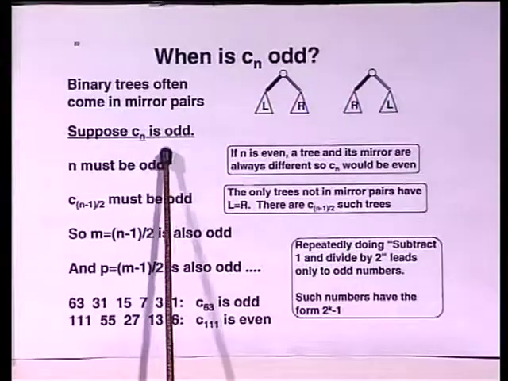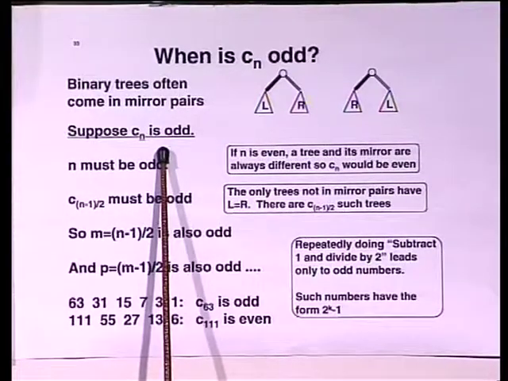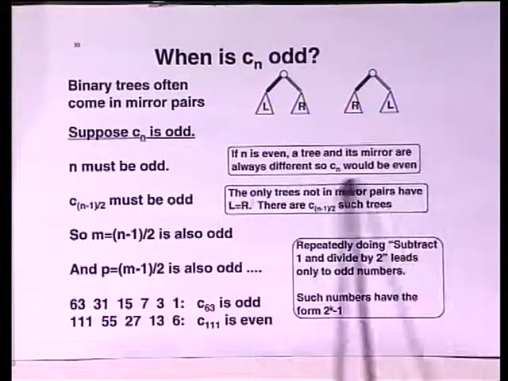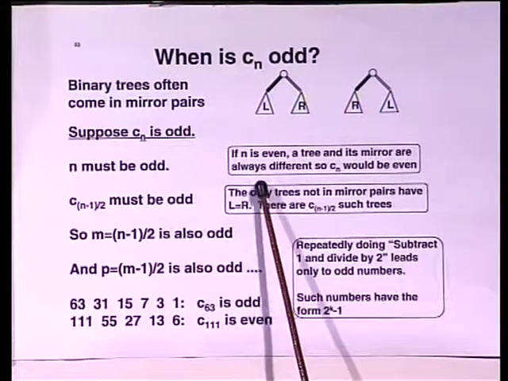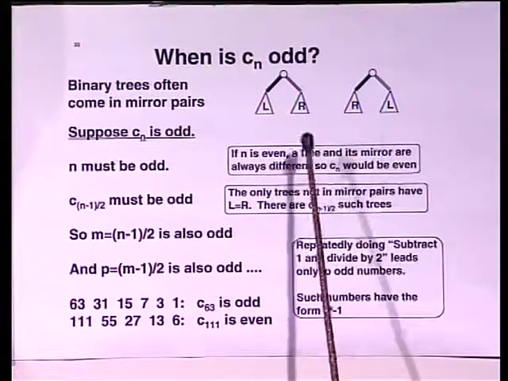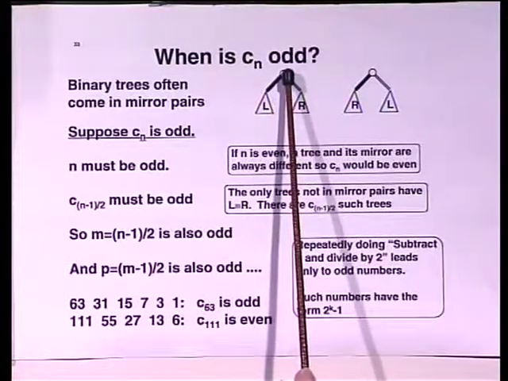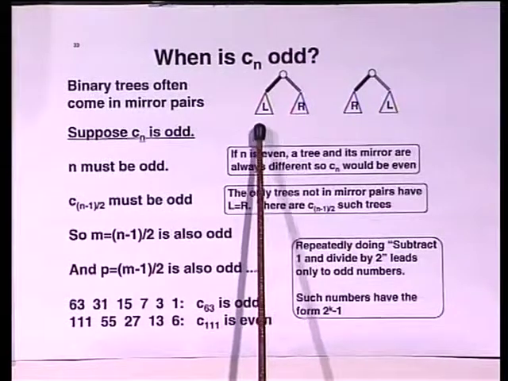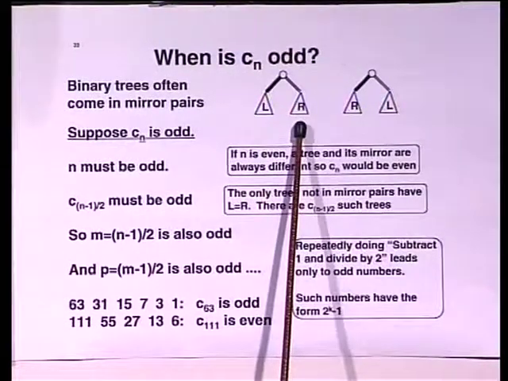Now, let us suppose that the Catalan number is odd and try and work out the consequences for n. So our supposition is that the Catalan number is odd. And the first deduction is that the number n must be odd. And the reason is in this little box here. If the Catalan number was even, then the trees would have a node at the top, and then n minus 1 nodes which were distributed between the left and the right parts.